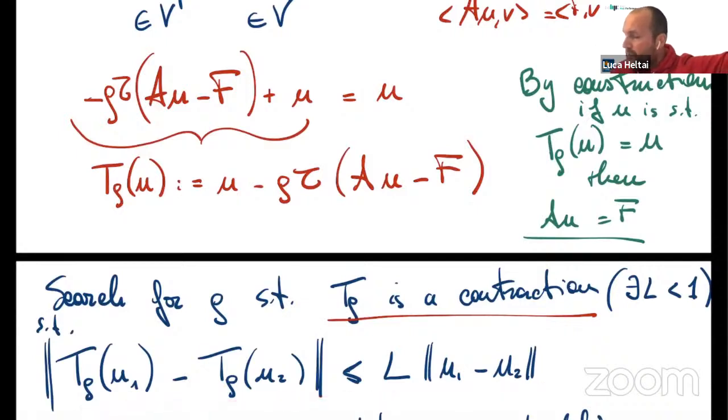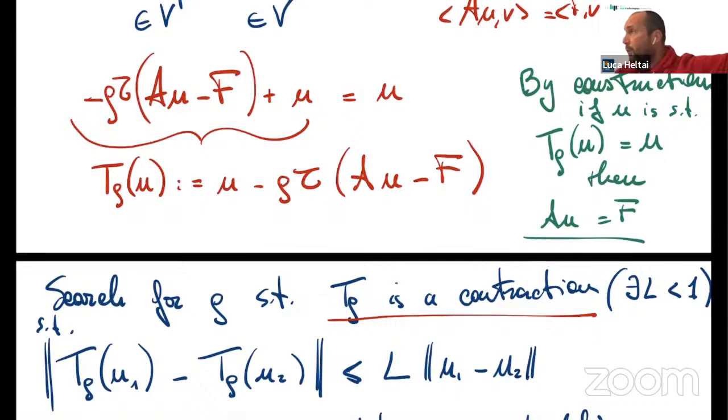One way to achieve this is, instead of taking directly tau AU minus F, I have to make sure that I don't go too far away from U with respect to the residual correction that I would like to have. In some sense, the role of rho is to make sure that I don't jump too far away from the starting point when I move towards the fixed point. So this is one possible way to construct a contraction.